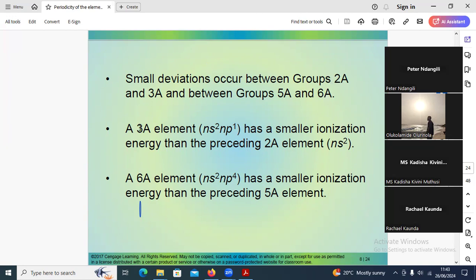I want us to look at this element here. In 3A, this is the same as group 13. In group 13, you will have, if I can illustrate, I just want to illustrate using this. You have something like this.